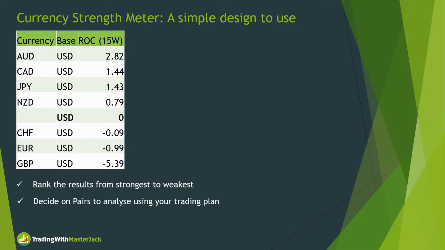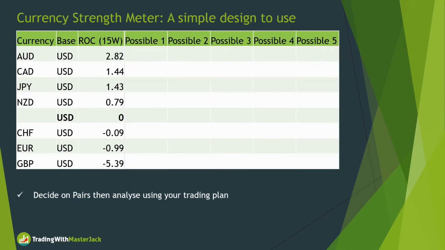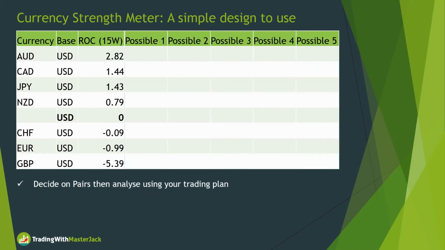And then we have to basically decide on pairs to analyze using our trading plan, and we make a number of possibilities here. We'll start off with the Australian dollar and the pound. When you take the currency pairs that are furthest away from each other, like the Australian dollar and the pound, they should be in a trend.